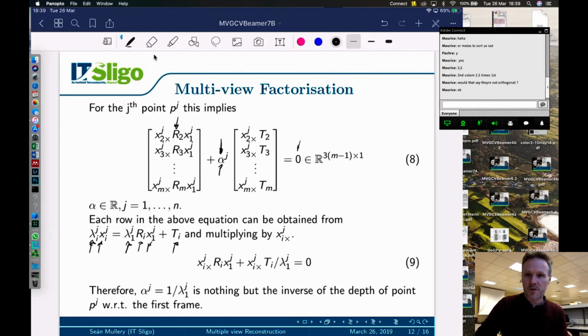So if we take our first pixel in our first image, our first patch, we would scale that, rotate it, and translate it, and that gives us any of the other ones that we're trying to find. Whatever our rotation is by i, whatever our translation is by i. And what we can then do is multiply across by this, and that's going to give us the different values that we need for up here.